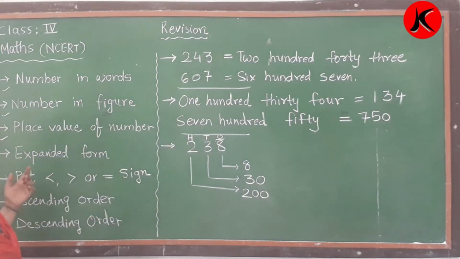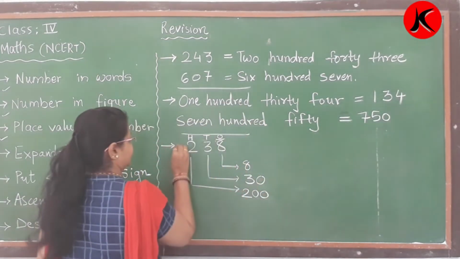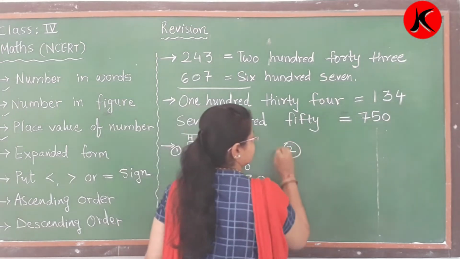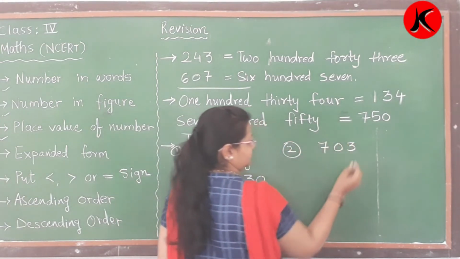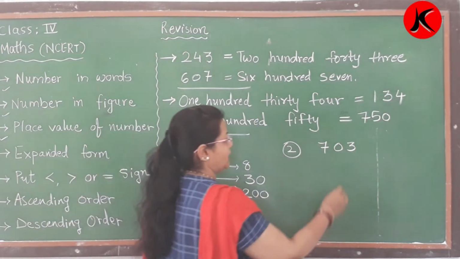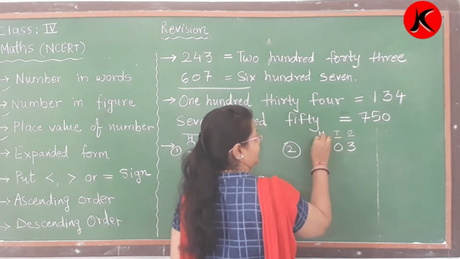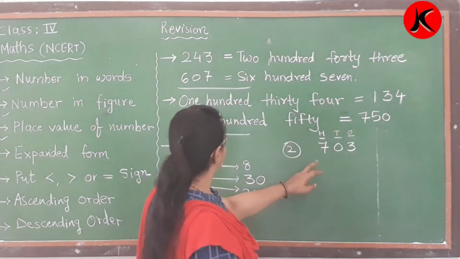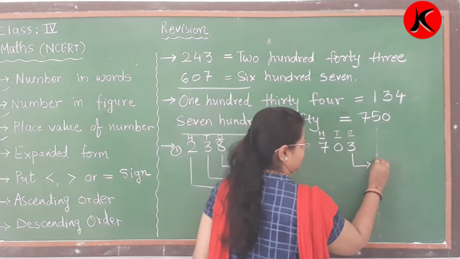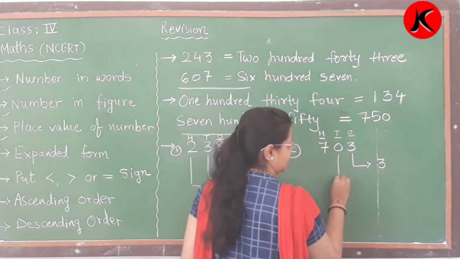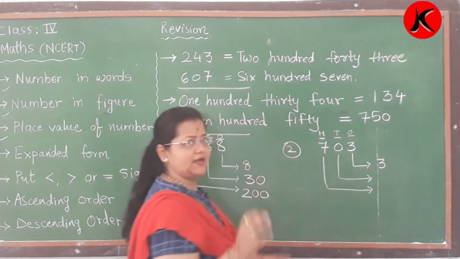Okay. One more example. If there is a 0 in any number, like 703, how to write the place value? Now here this one is the ones place, tens place and hundreds place. So on the ones place, the place value is the same number, 3. Now here on the tens place, how many times do you write 0?